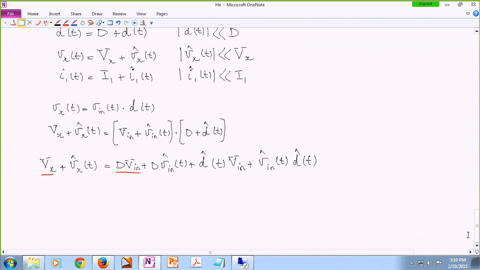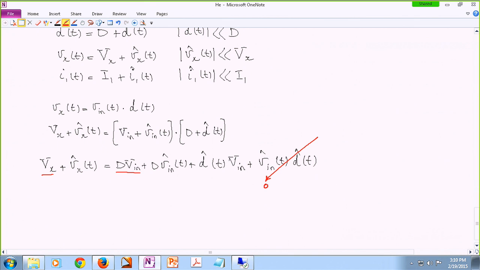The other thing that we are going to do is we are going to say this term is negligible. Why is that? Because we have 2 small signals multiplied by each other. So they are both very small, less than 1. When you multiply them by each other, it gets even smaller.